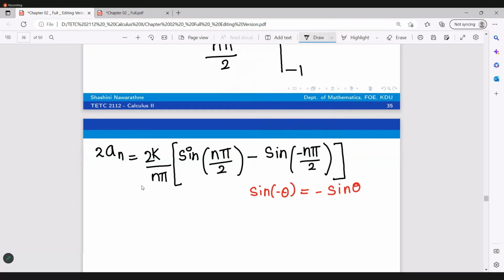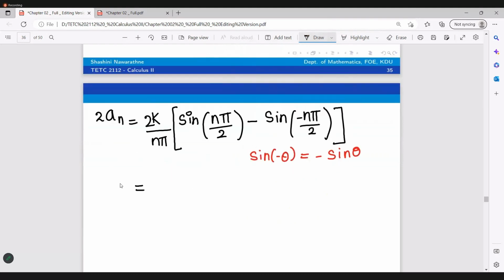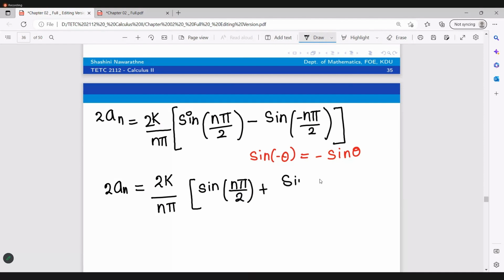So that means we have obtained 2 times an is equal to 2k over n pi times sine n pi over 2 plus sine n pi over 2.